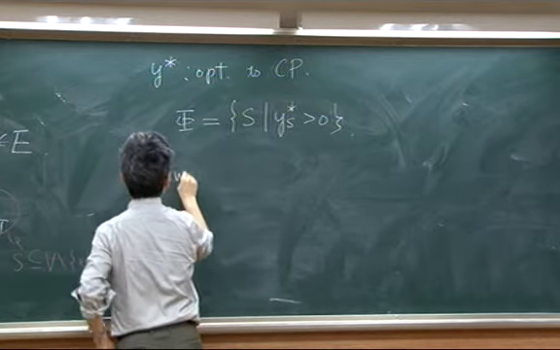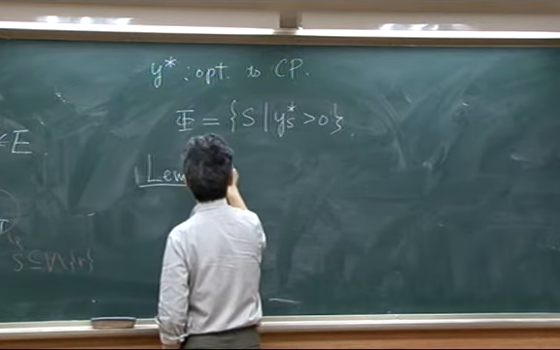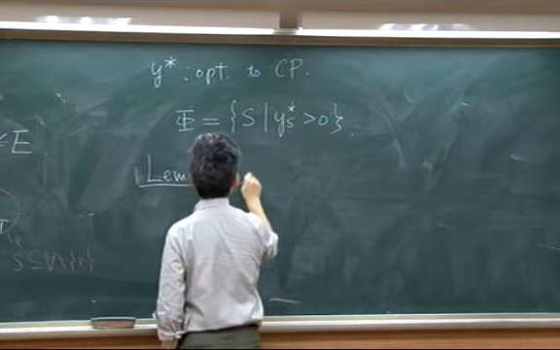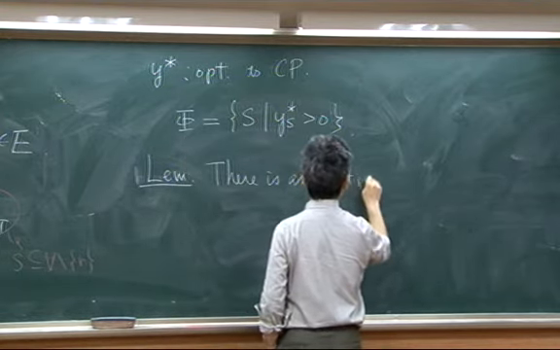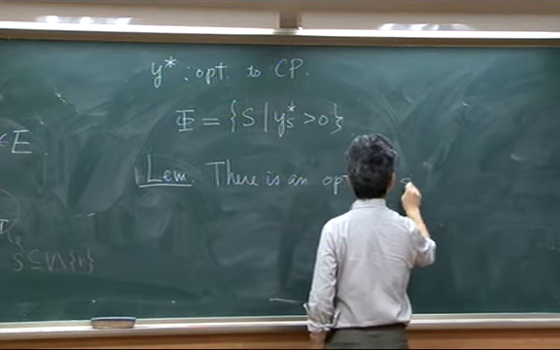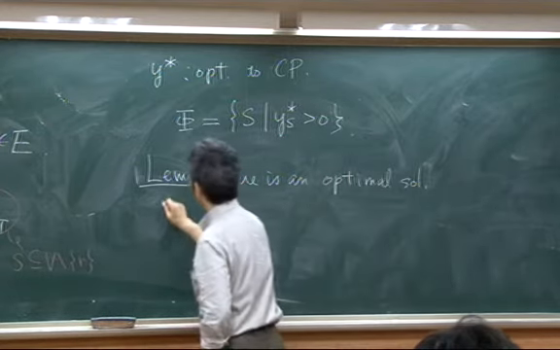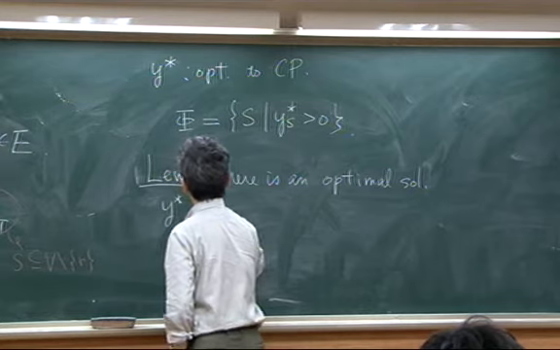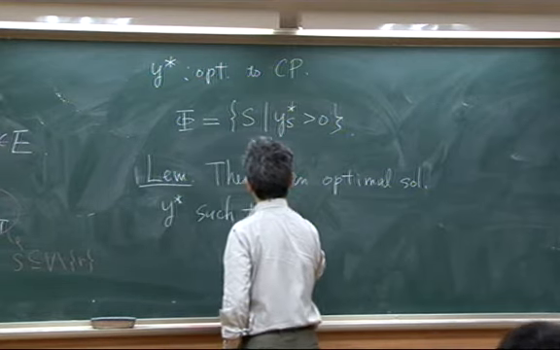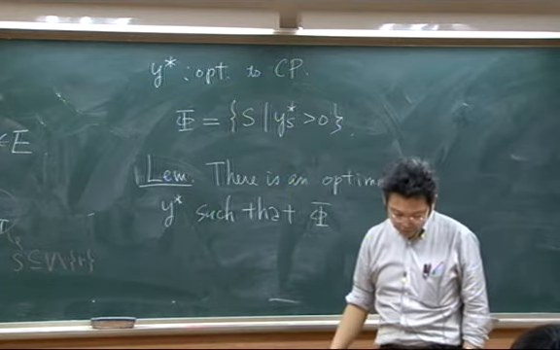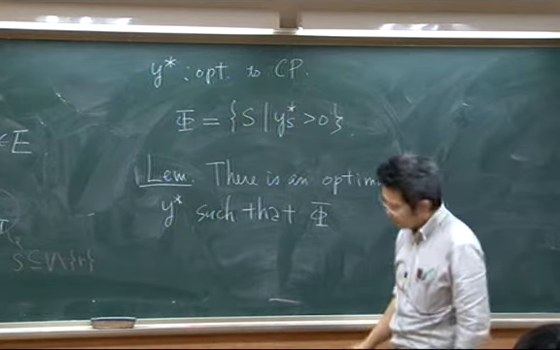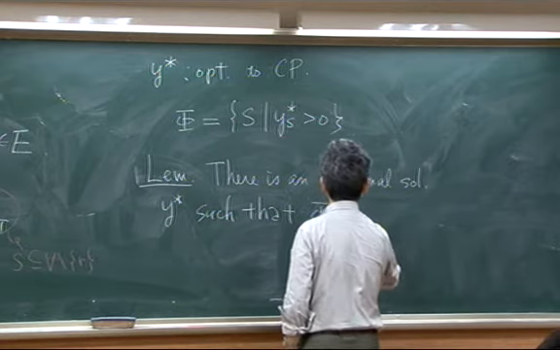Then I want to claim, lemma: there is an optimal solution Y star such that psi forms a laminar family.